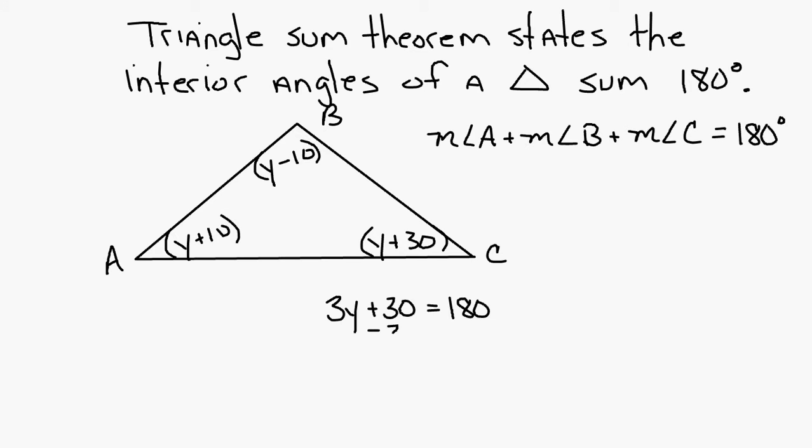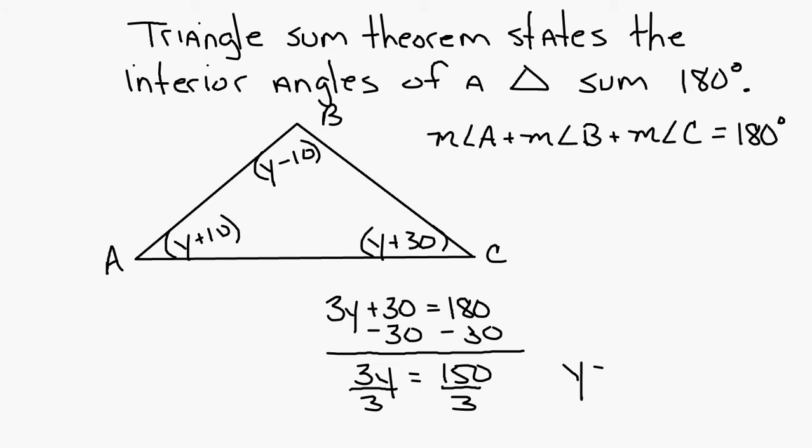And if you subtracted 30 from each side, 3y would equal 150. And if you divide each side by 3, then y equals 50.